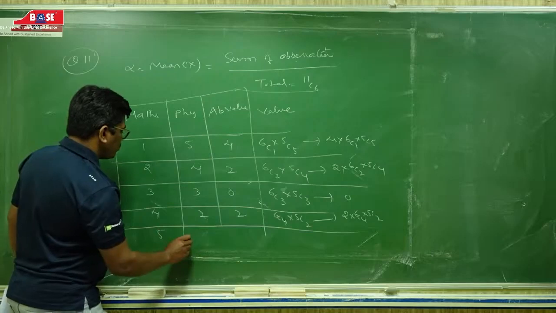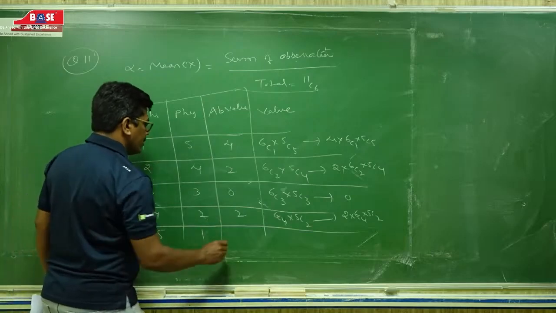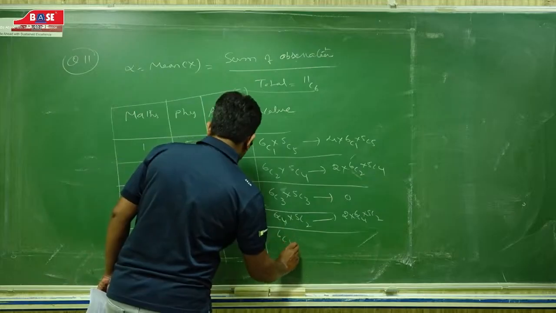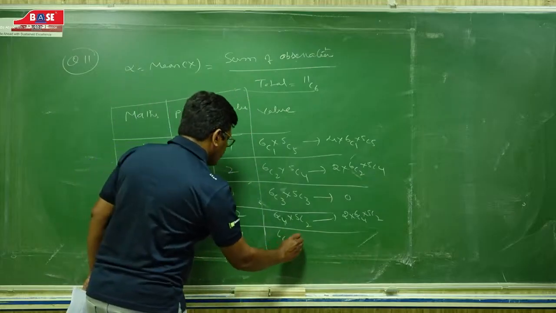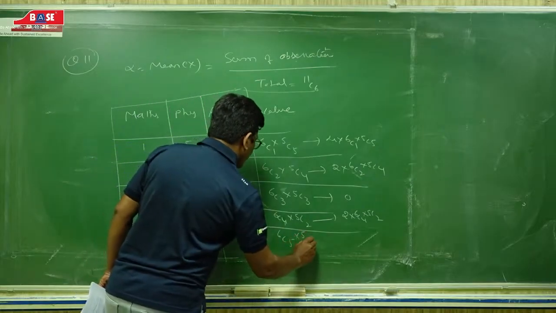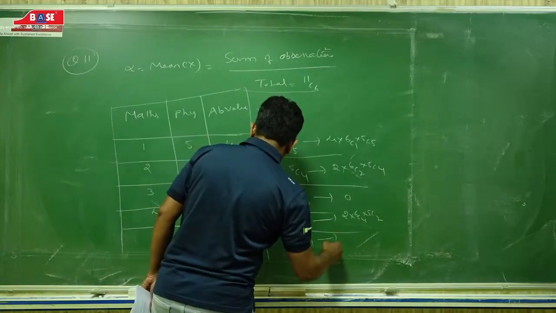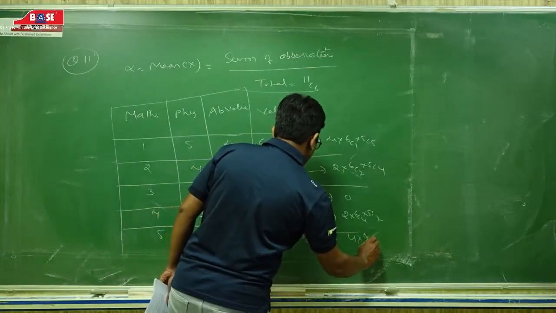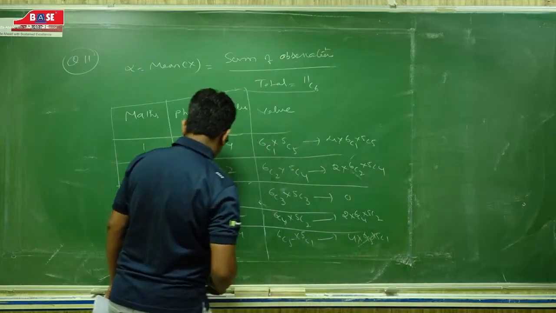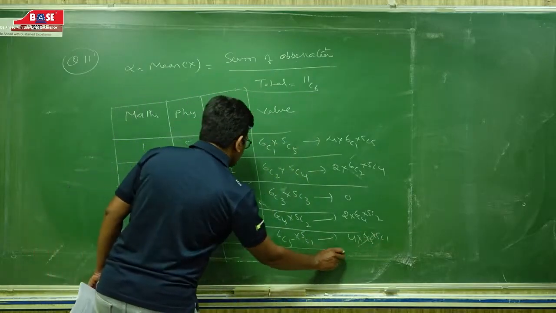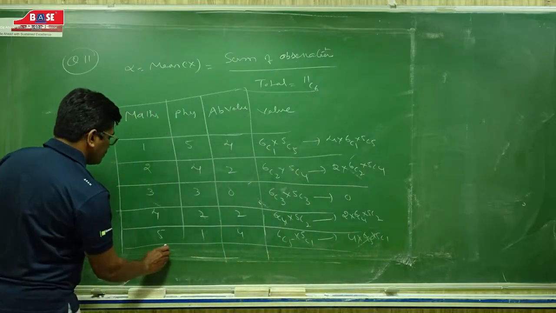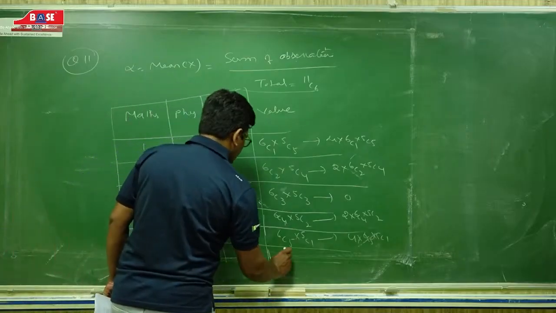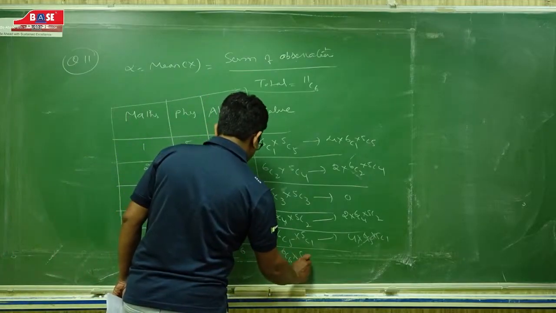Next, 5 maths books, physics 1, difference is 4. This can be done in, out of 6 we select 5, 6C5, into, out of 5 selecting 1 physics book, 5C1. The total value is 4 into 6C5 into 5C1. And the last combination, 6 maths, 0 physics, here the difference is 6. So 6C6 into 5C0.